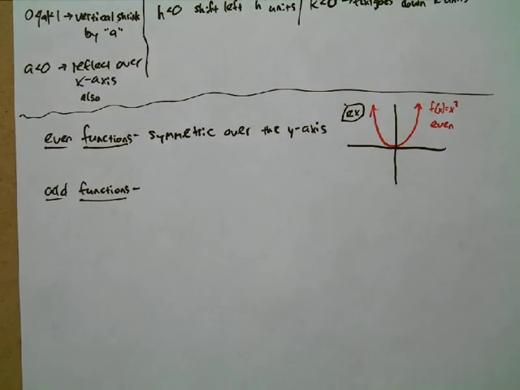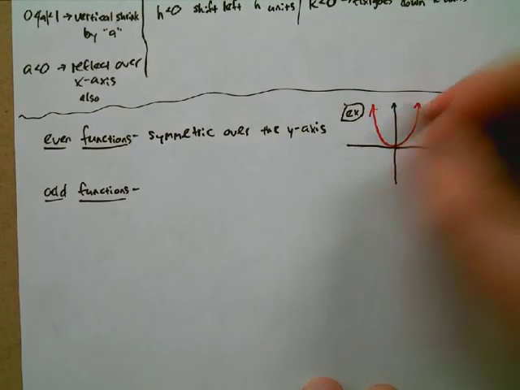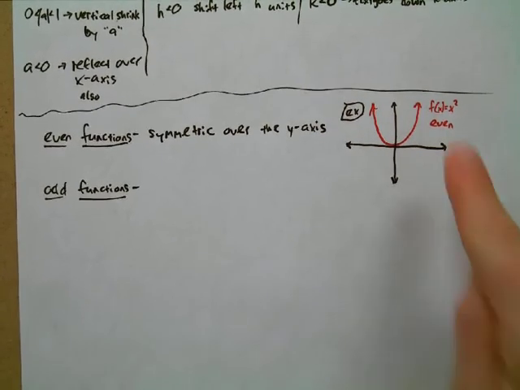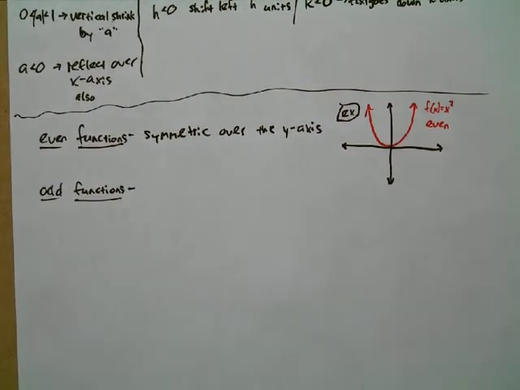There's an example, a parabola. This particular parabola, f of x equals x squared, is even.